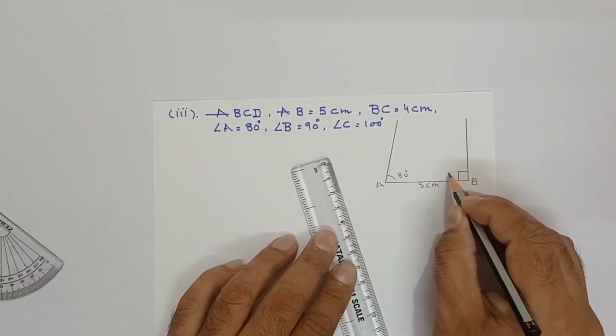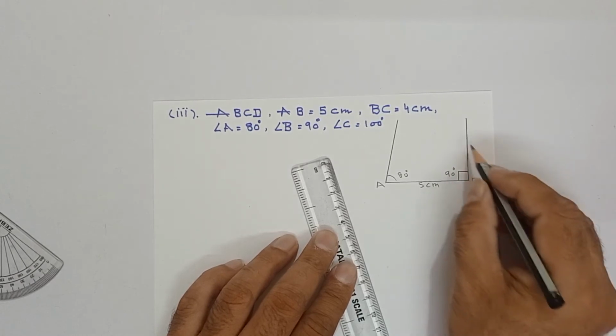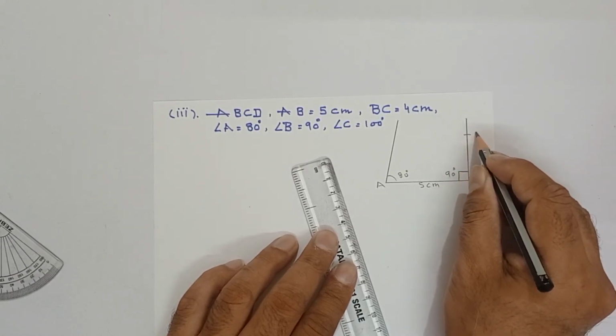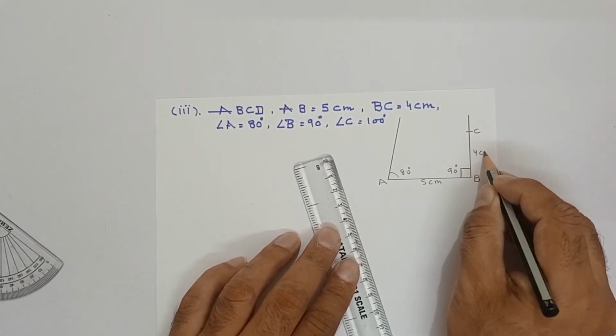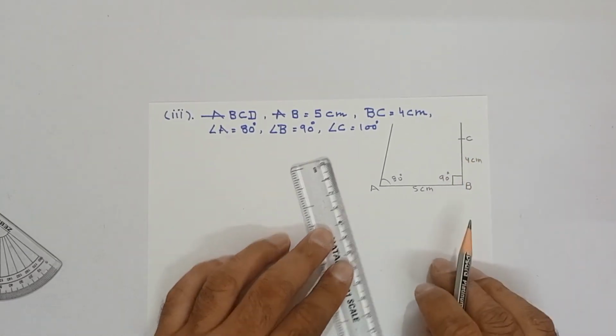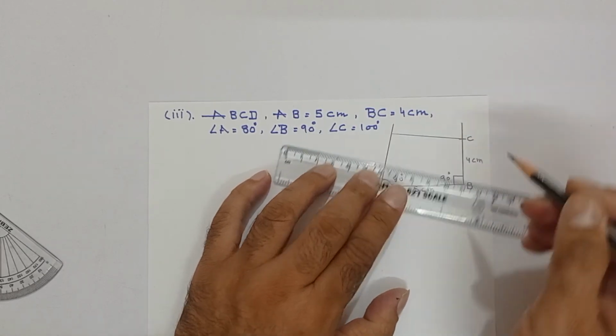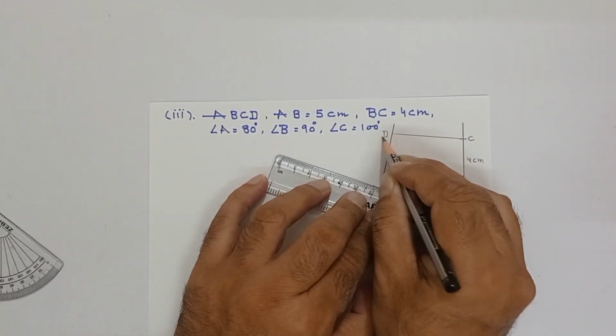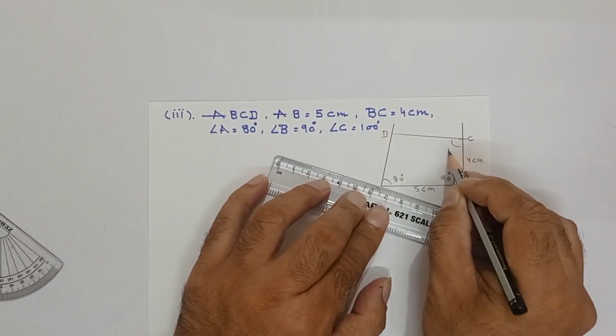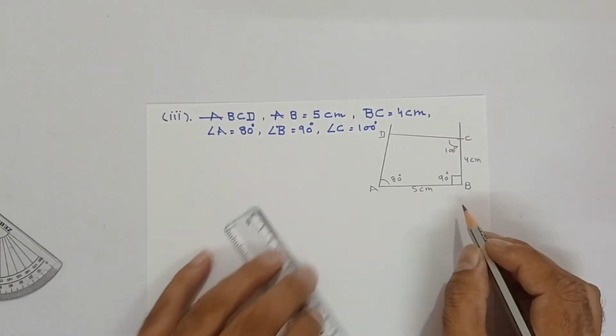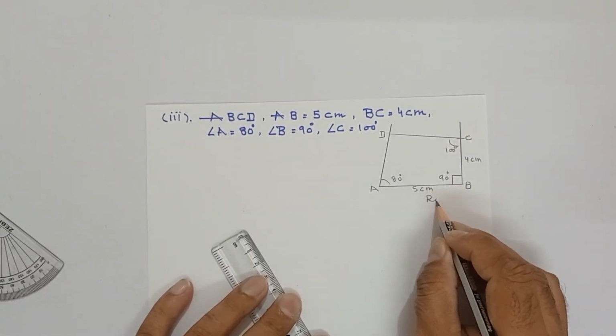This will come 90-degree. Then BC 4 centimeter. You will cut an arc here. 4 centimeter. At point C, you need to make 100-degree. It will come like this. D point. C point, C angle is 100-degree. So this is a rough sketch.